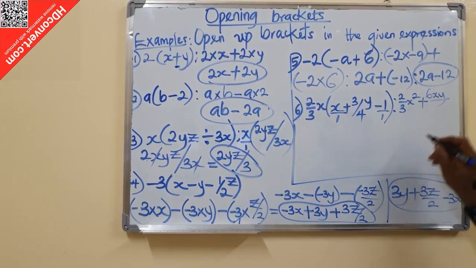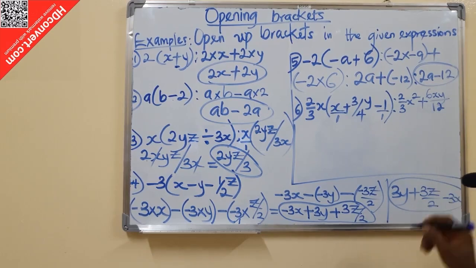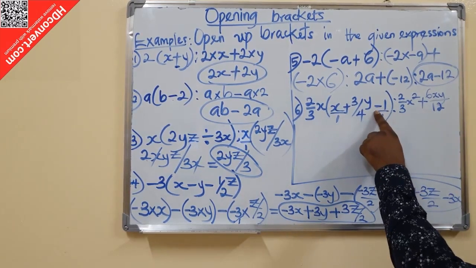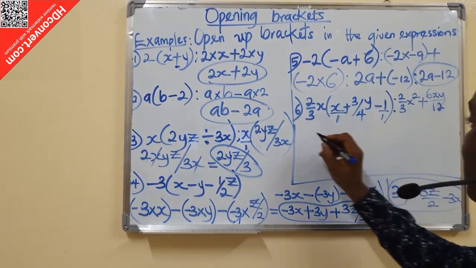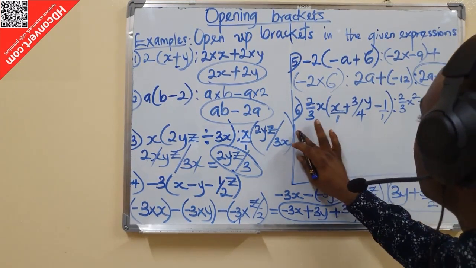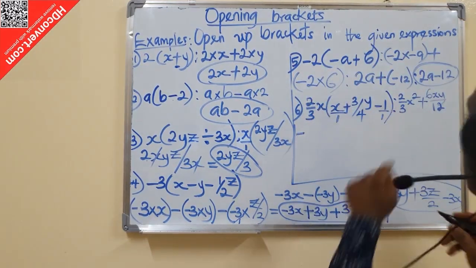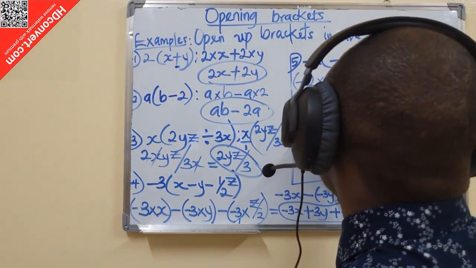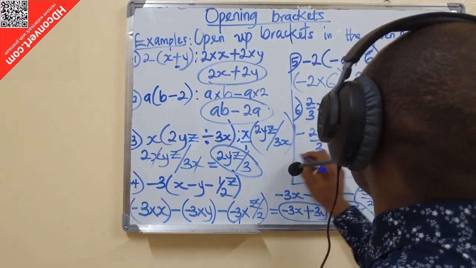The denominator will be 3 times 4, 12. Next one is a negative, minus. So this is going to be minus, let's write it here, minus 2 times 1 is 2. Remember it's 2x, so 2x here, 3 times 1, 3.